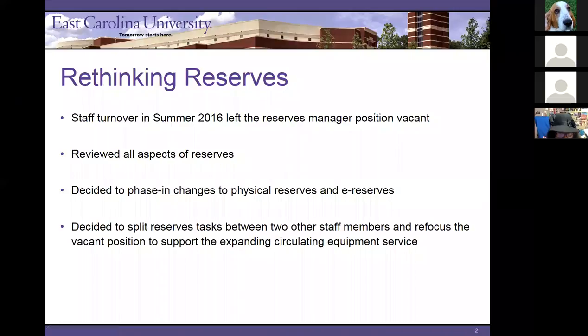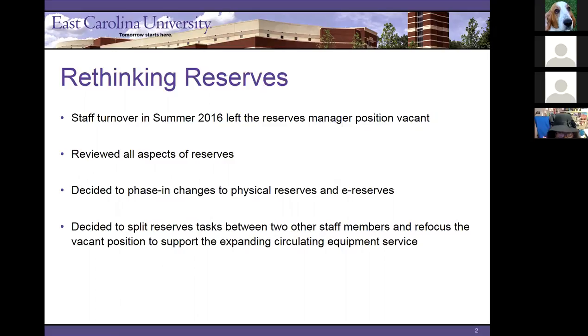There we go. So resetting course reserves has come about from our rethinking course reserves. In the summer of 2016, the reserves manager in my department left unexpectedly. And so that prompted us to rethink and look at what course reserves was and where we wanted it to go.